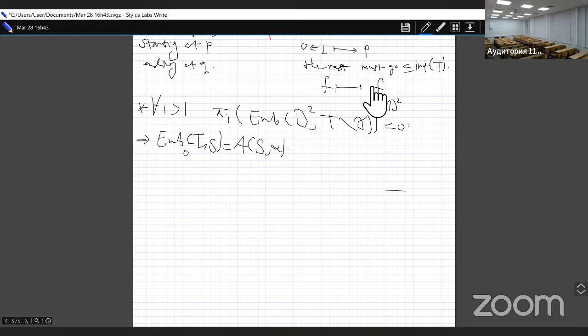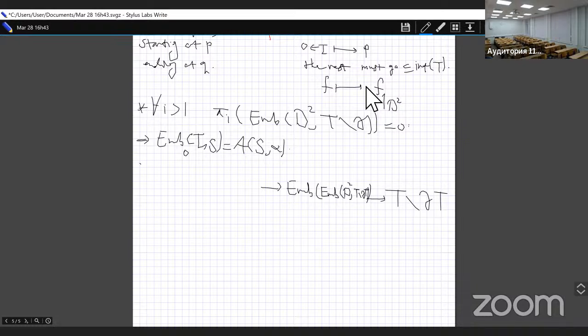Just T. And then the fiber consists of embeddings.